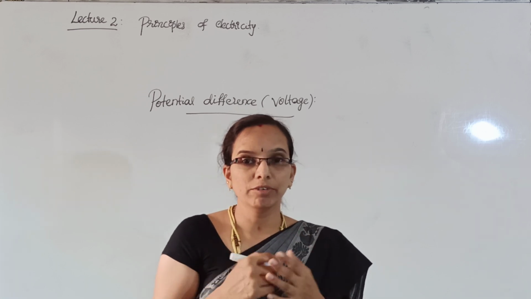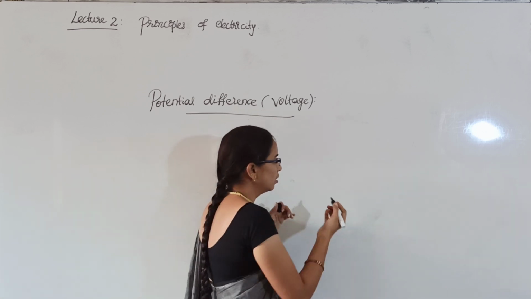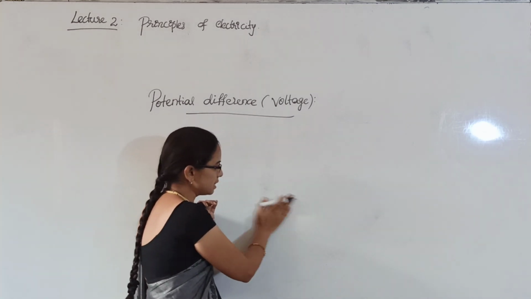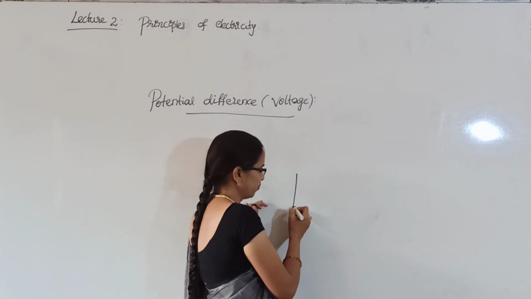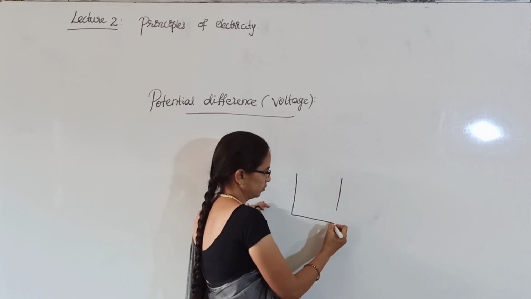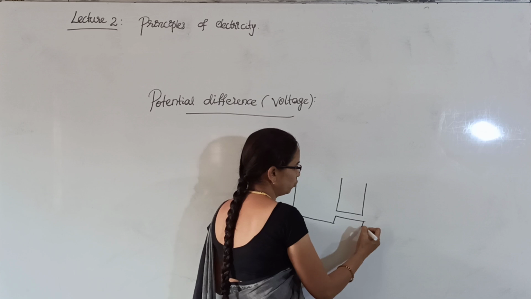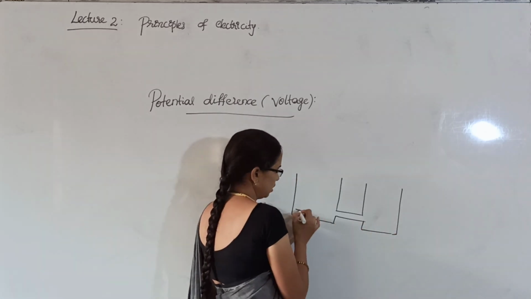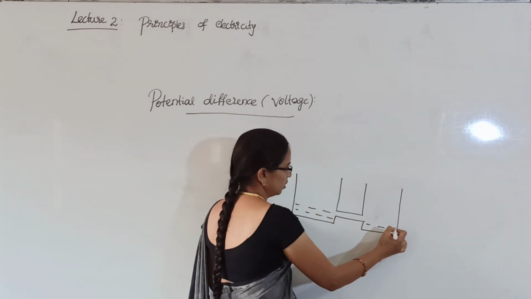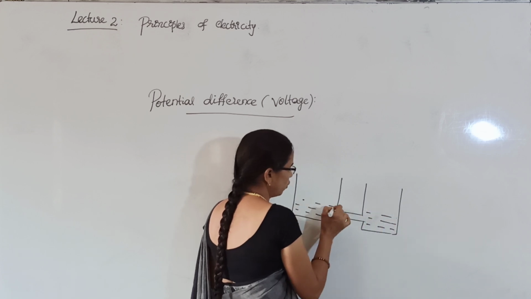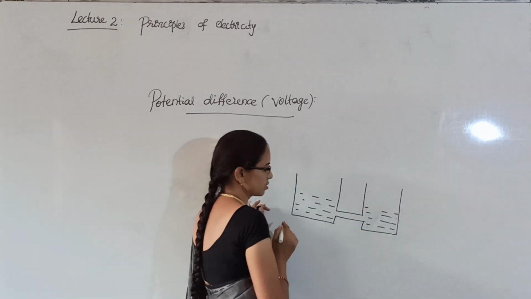One more thing, the best example to understand potential difference is the flow of water between two vessels. Here there is a flow of water between two vessels.